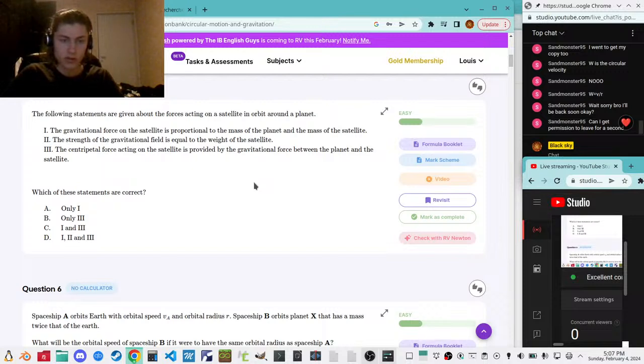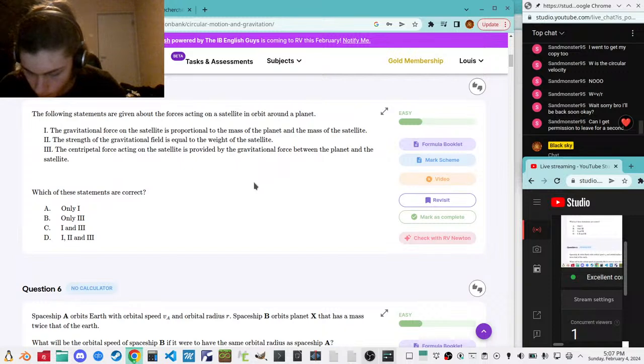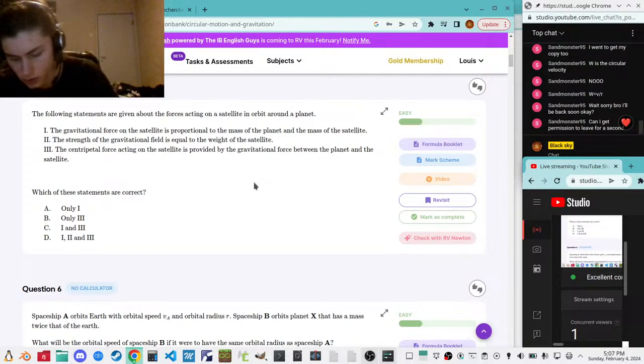The strength of the gravitational field is equal to the weight of the satellite. I think mass shouldn't matter, or does it? In orbit, is there another section to this? No, there isn't.